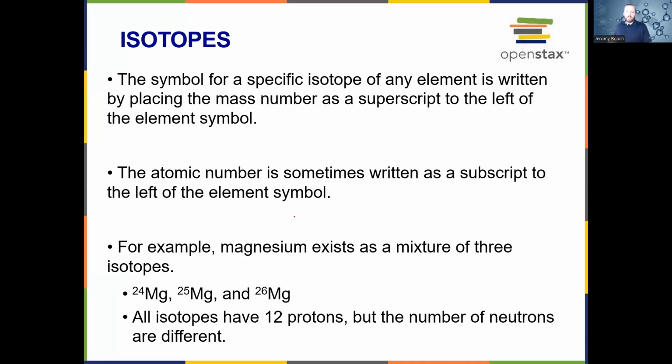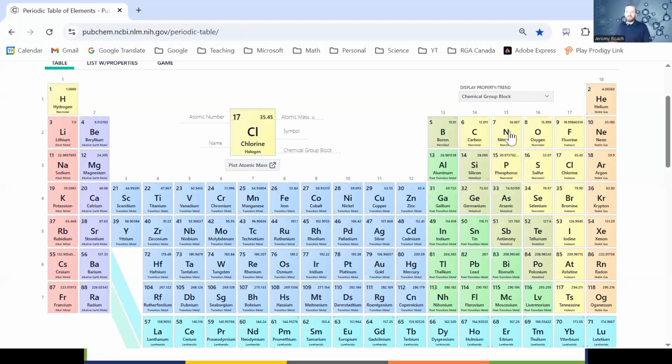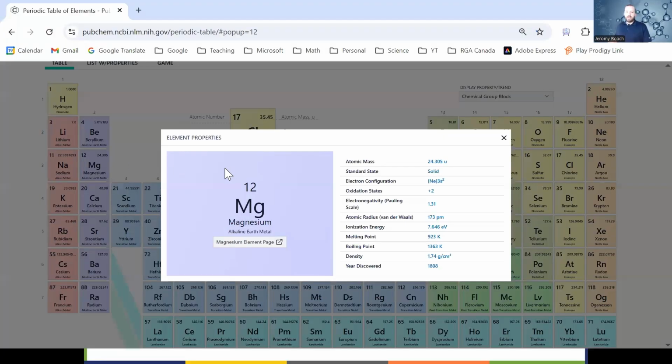So, for example, magnesium exists as three different isotopes: magnesium 24, magnesium 25, and magnesium 26. All of these isotopes have 12 protons still, so it's still magnesium. If we go to the periodic table, it has 12 protons, still magnesium.